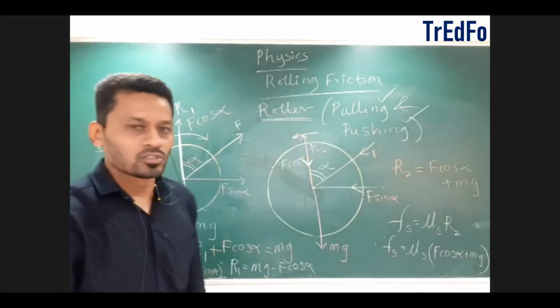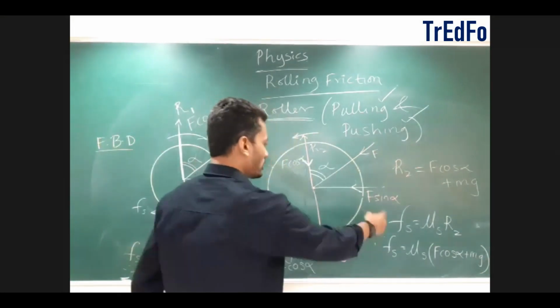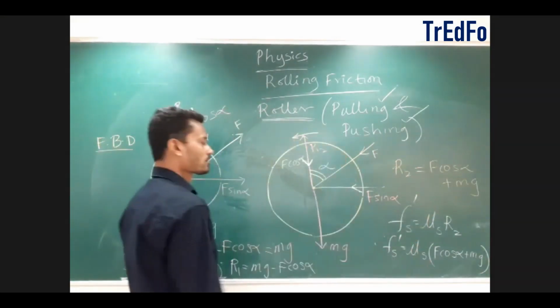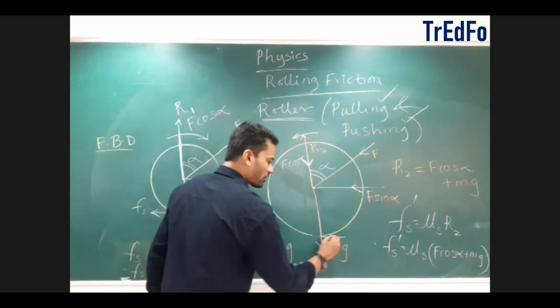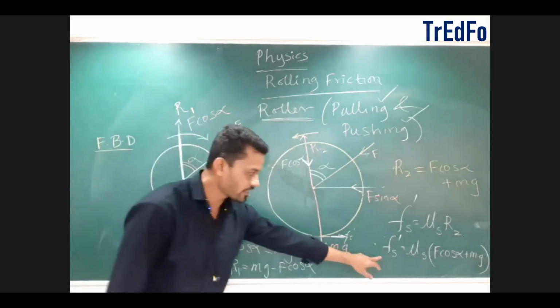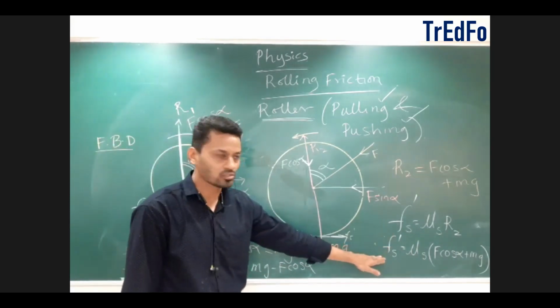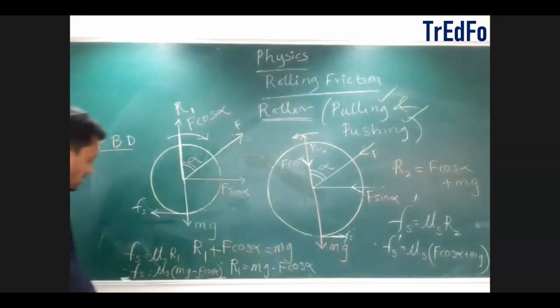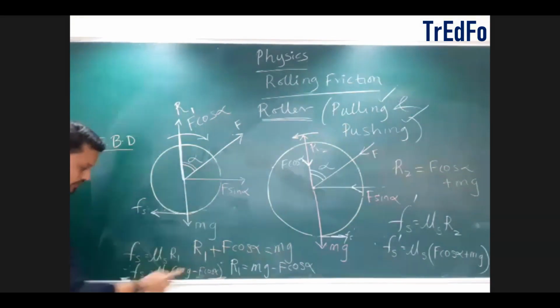Let us say this is Fs dash. So Fs dash equals mu s times (F cos alpha plus mg). Fs dash is the static force of friction when pushing, this is the value, and the static force of friction Fs when pulling is this.